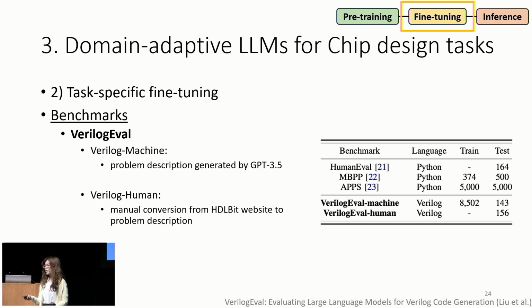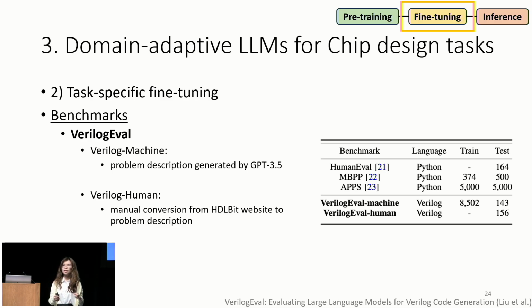There are two versions, and they are all for tasks collected from the HDLBits website, which is more like leak code for RTL Verilog. It has 143 for Verilog-Machine and 156 for Verilog-Human.